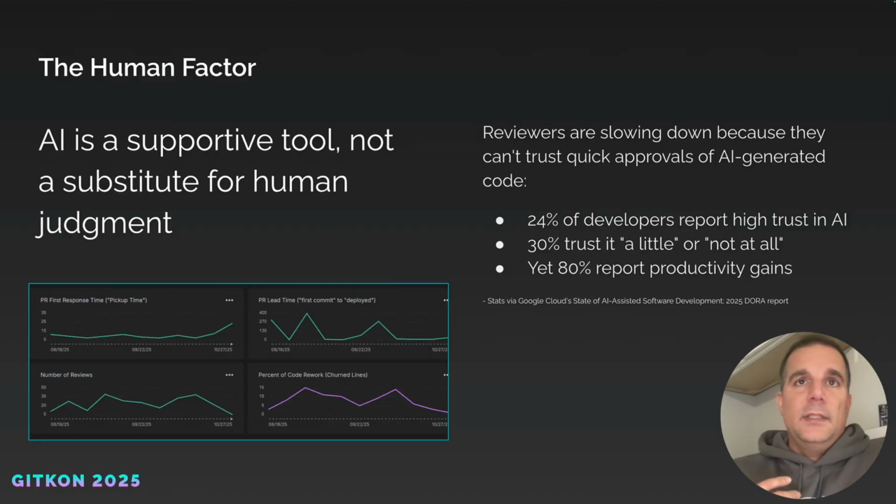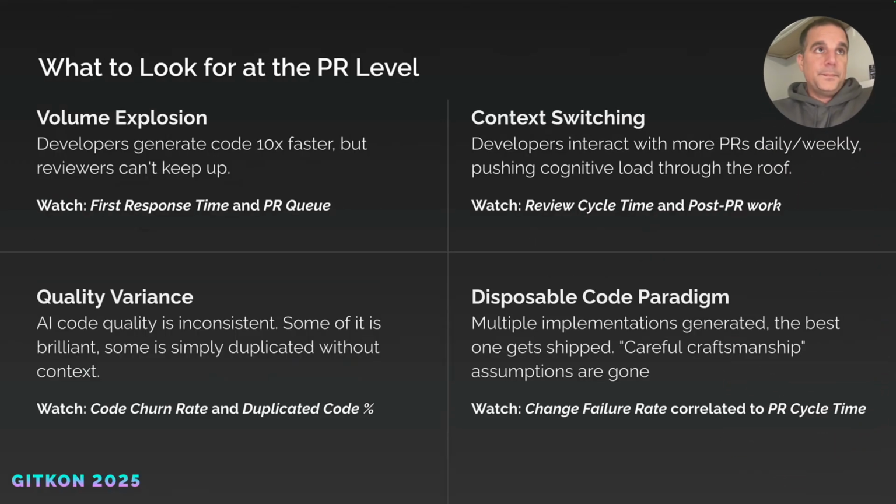Reviewers are essentially in this space where they're getting a lot more PRs and the code being generated may or may not be something that they can trust. And so it's taking them a little bit longer to go through the review process as well. And that's the skepticism there. It's not resistance to AI, it's just skepticism in terms of the current state of code generation.